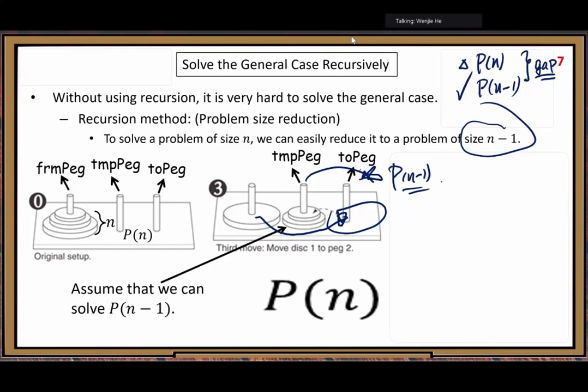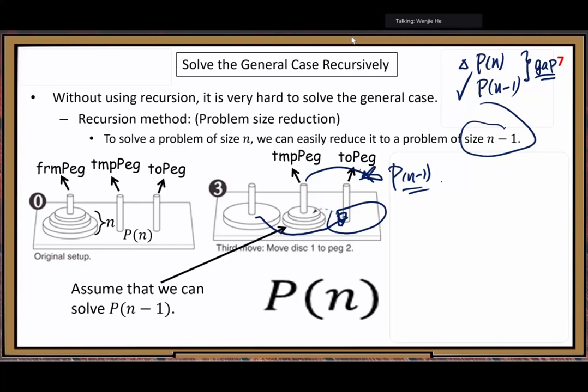Then you get it solved. To complete the description of the P of n solution, you need a little bit of abstract thinking, not too much. Just imagine this n disk stack; you treat this 3 disk stack as an n disk stack.